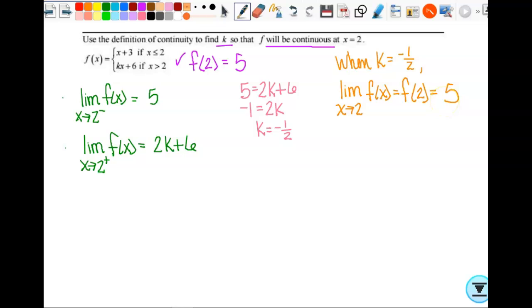Okay? The limit exists, the point exists, the limit and the point are equal. That's what's happening here. Therefore, f is continuous when k equals negative 1/2.